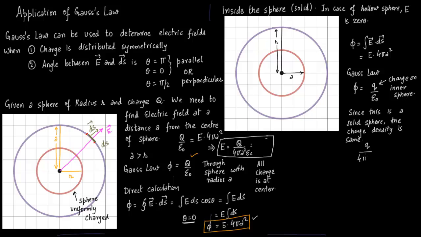That is q divided by the volume of the sphere is equal to capital Q divided by the volume of the bigger sphere. So the charge density is the same. So this implies q is equal to a cube over r cube times Q, because 4 by 3 pi cancel out.